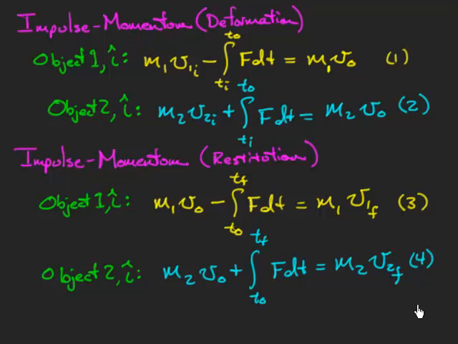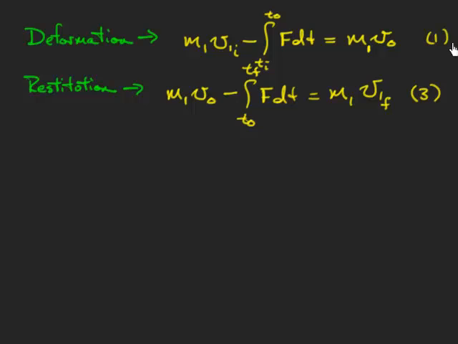So in my manipulations, I'm going to focus on object number 1 first, and then go to object number 2. If I grab equations 1 and 3, the deformation impulse-momentum equation for block 1 and the restitution equation for the same block, what do we get? Let me manipulate these terms a little.